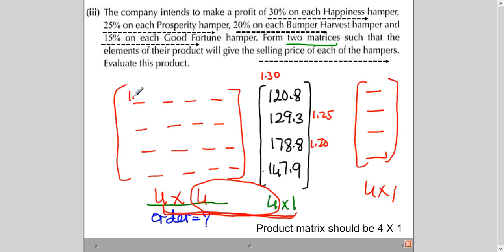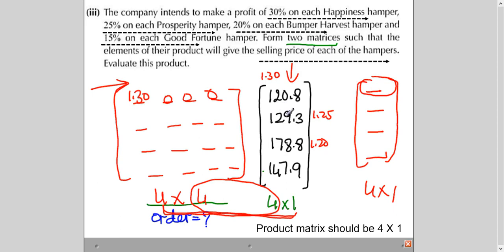So if I write 1.30 here, now pay attention to what I'm saying, because the first row multiplies the first column. So 1.30 multiplied by this, and I don't want the others to be multiplied by anything. So what can I write here? Zeros. Because when I do 1.30 into this, plus 0 into this, plus 0 into this, I will get just one answer, which will be the selling price of the happiness hamper.